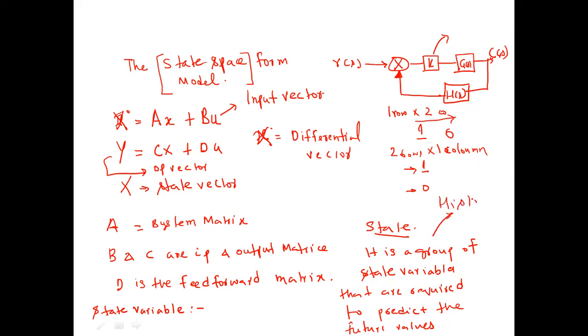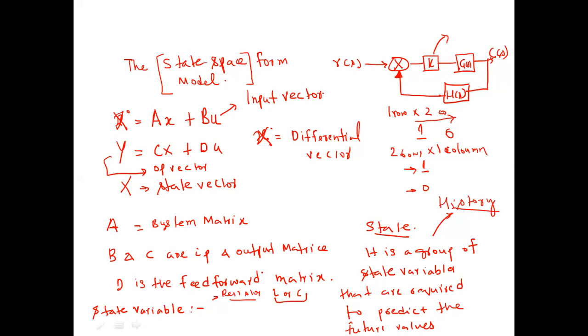So a state variable cannot be a resistor; it has to be an energy storage element like an inductor or capacitor. You cannot take a resistor because it will not have a previous storage value. As soon as you switch on the light, light will come; as soon as you switch off, light will go.